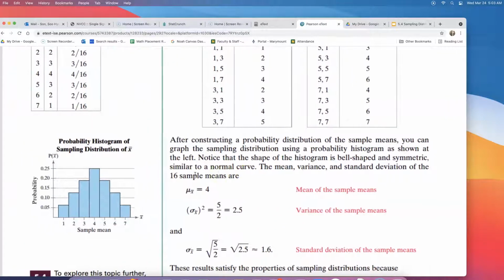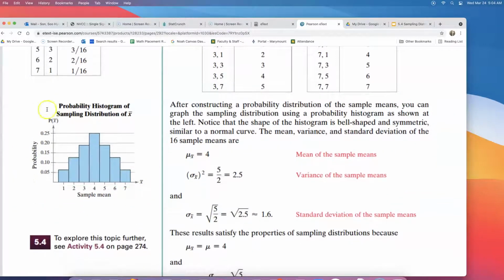But if you take a look right here, here is that probability distribution. So what they did was they found the mean, which obviously is 4, as you can see, a perfectly symmetric distribution. I can see 4 is the mean, median, and mode.